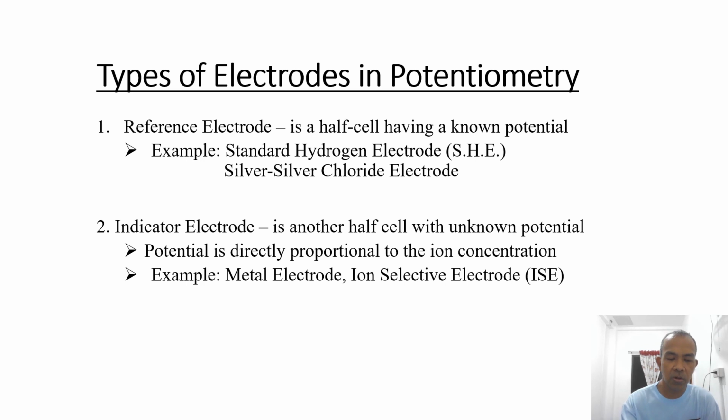The indicator electrode, when immersed in an analyte solution, has a potential that is sensitive to the concentration of analyte. An indicator electrode is an electrode that responds to the variation in the potential of analyte solution.